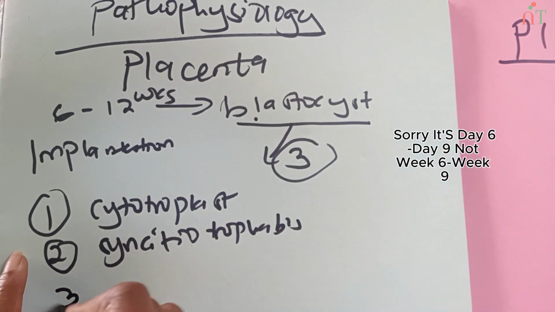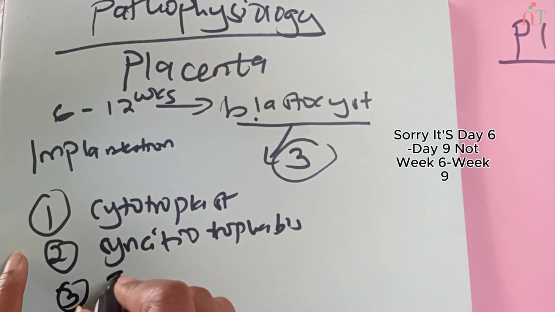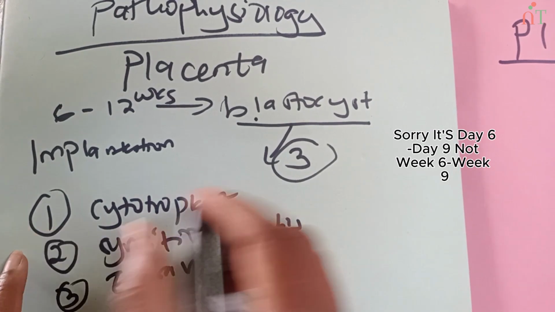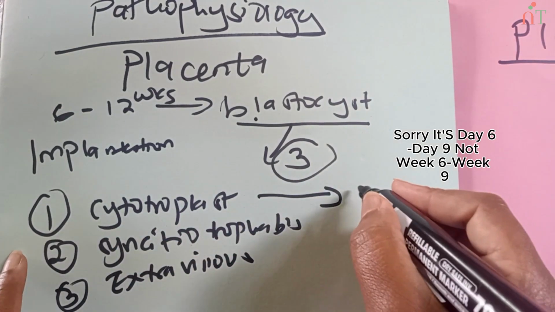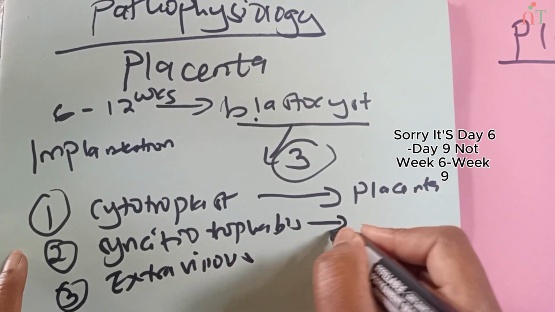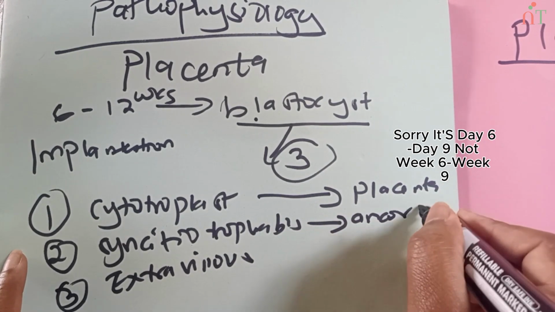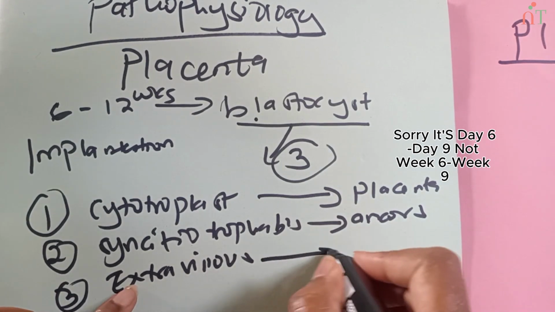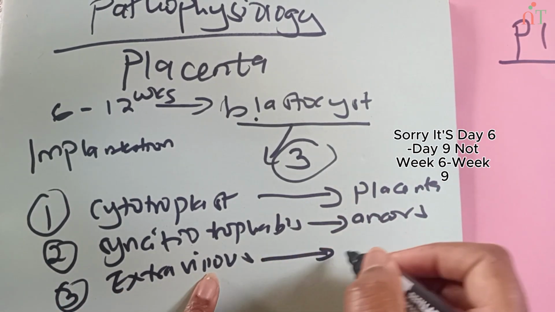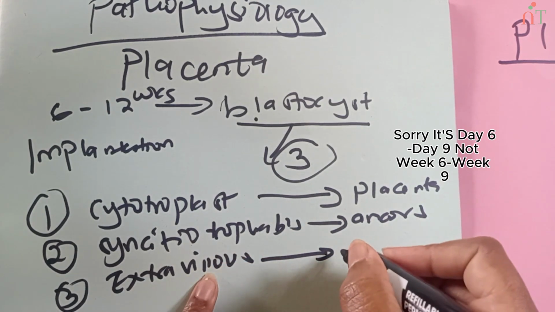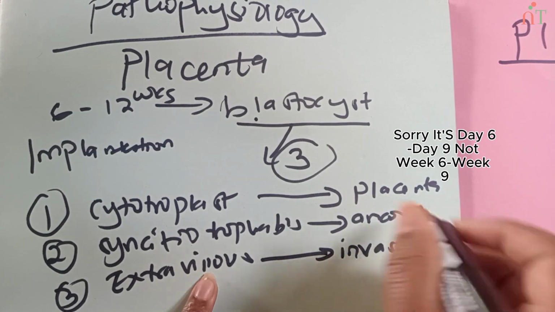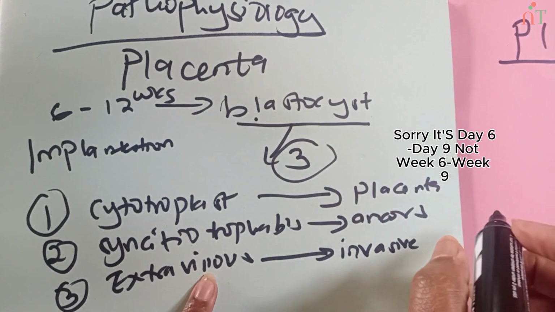And then the third layer is called the extravillous trophoblasts. So the first two form the placenta. This is what becomes the placenta. These ones normally anchor the placenta. And the extravillous trophoblasts form the invasive trophoblasts, and this is where every problem comes from.